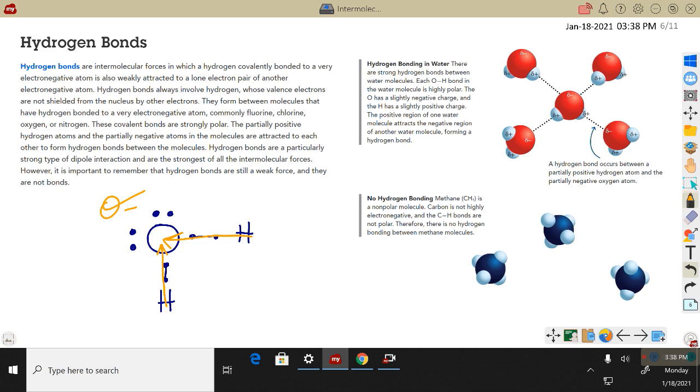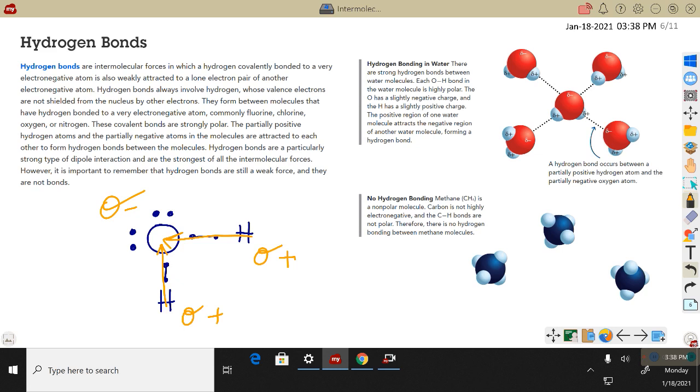And that's going to make the oxygen region of the water molecule partially negative. The electrons are being pulled up toward the oxygen, which then also means that the hydrogen region is partially positive. The electrons are lacking in the region of the hydrogens. They're being pulled toward the oxygen.